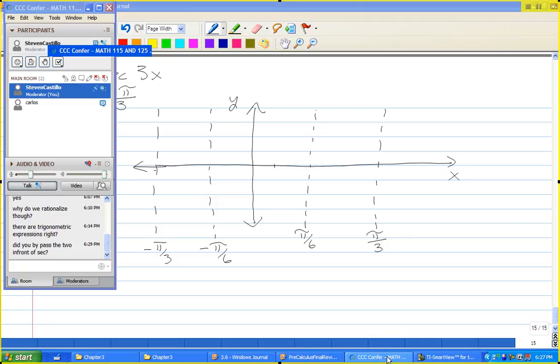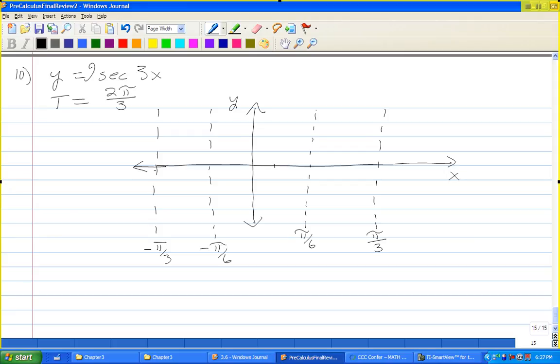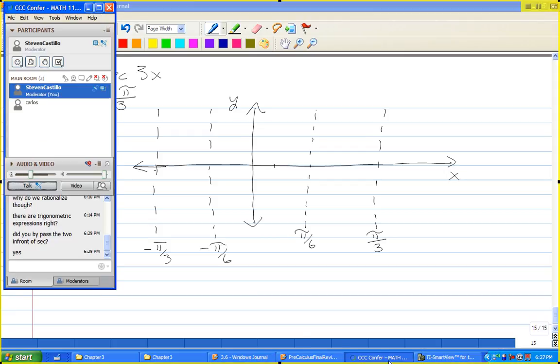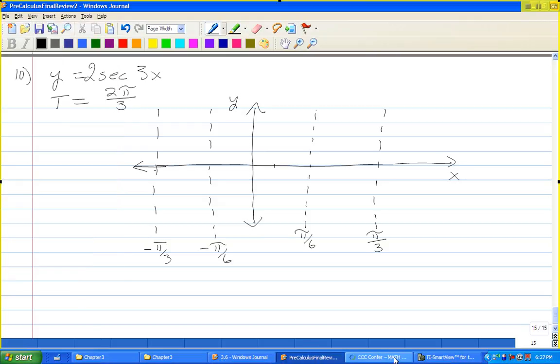Oh, not that it really matters. There you go. Yes, there's a 2 in front. Okay. That will just make a very small change to the graph. 2 there. 2, minus 2. Okay.